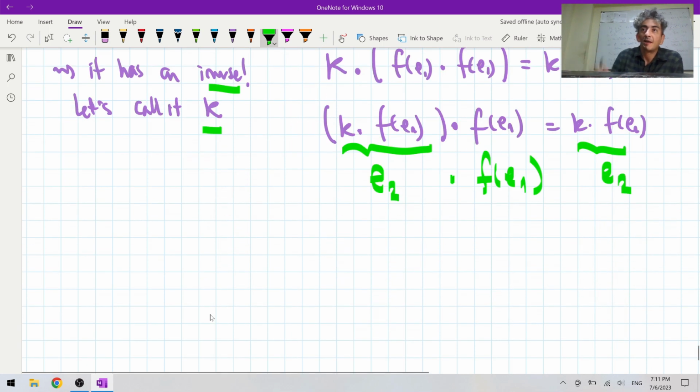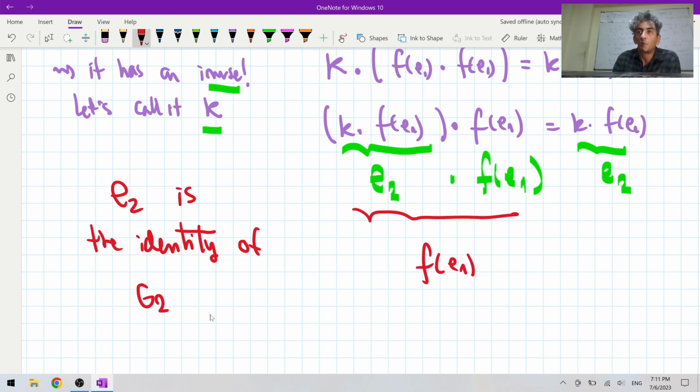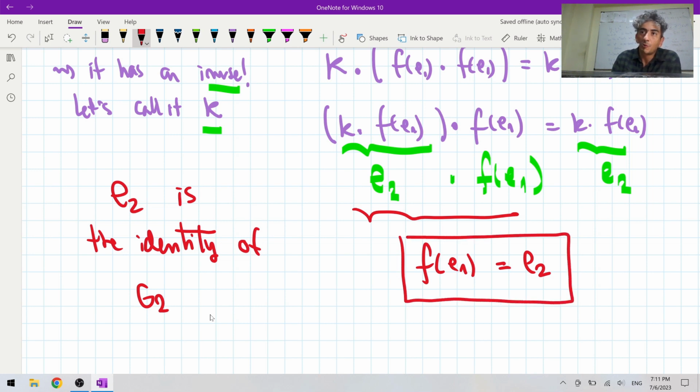And since E2 is the neutral element of G2, this is actually f of E1. So we landed where we wanted to land. f takes the neutral element of G1 and maps it to the neutral element of G2.